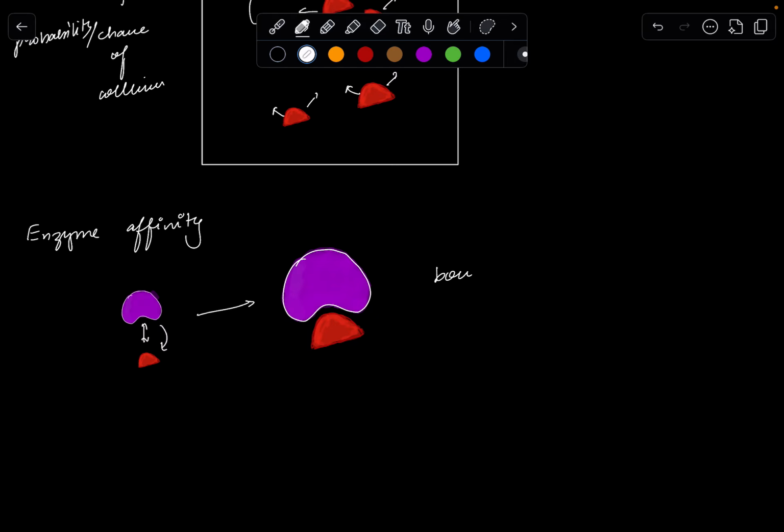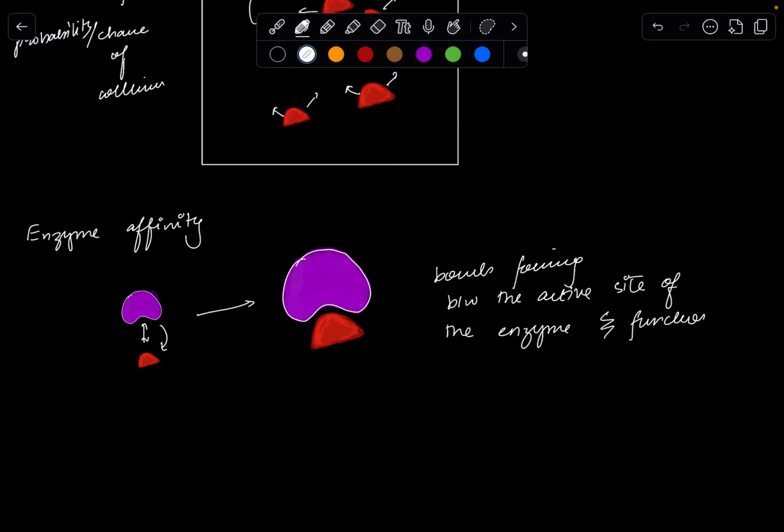The bonds forming between the active site of the enzyme and the chemical functional groups on the substrate. And this again depends on the geometry and the chemistry, right?